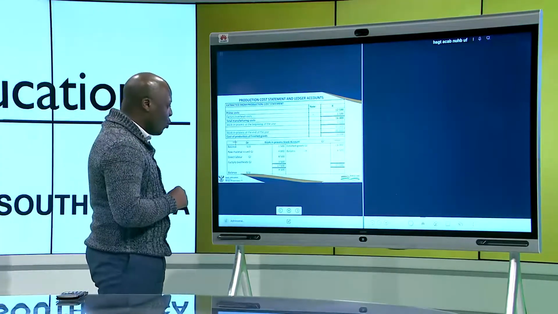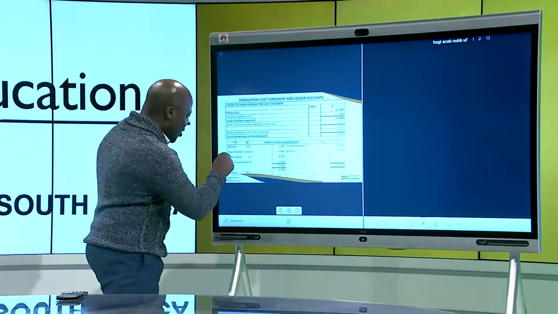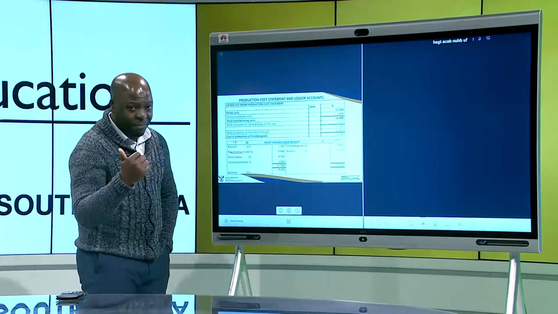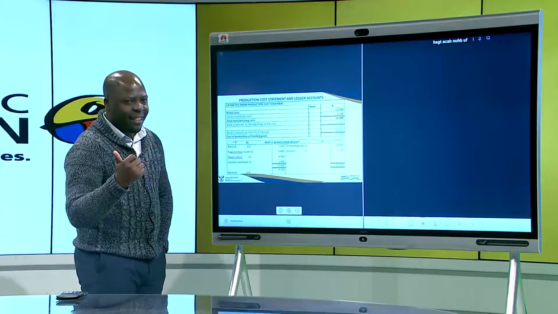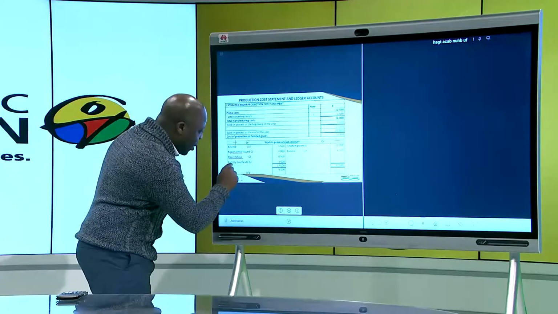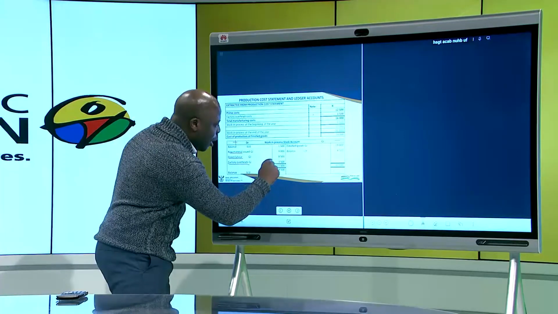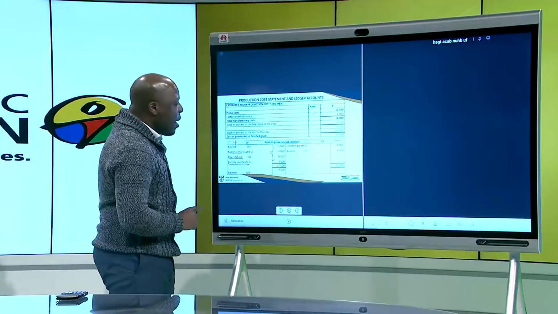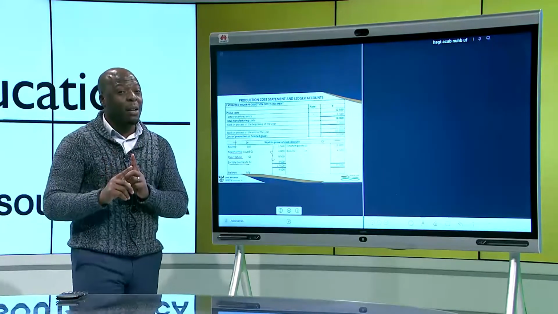After your opening balance of 1.5, you are now going to bring the amounts from your raw materials. What else? You're correct. Direct labor. And then thirdly, factory overhead. So you are adding all of this. All right?